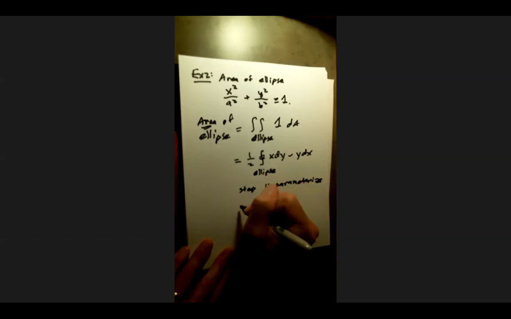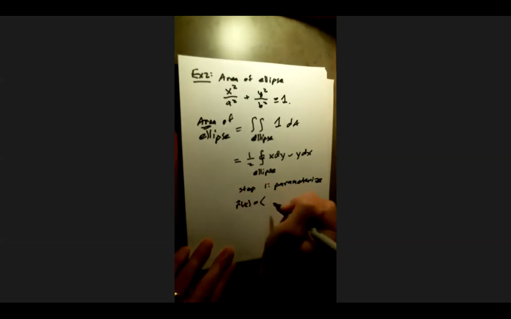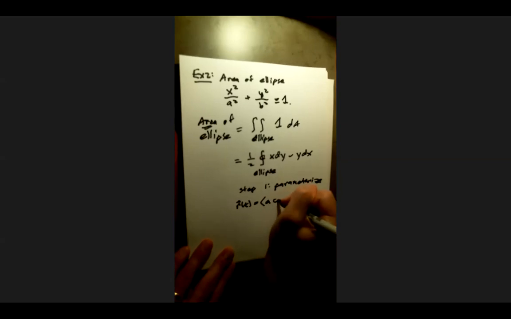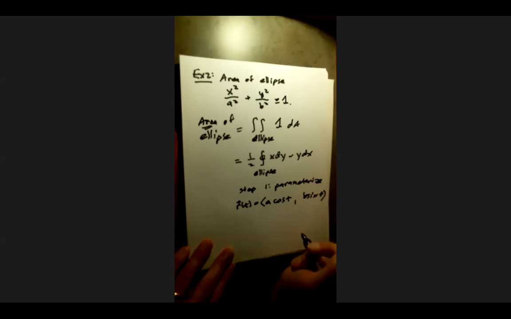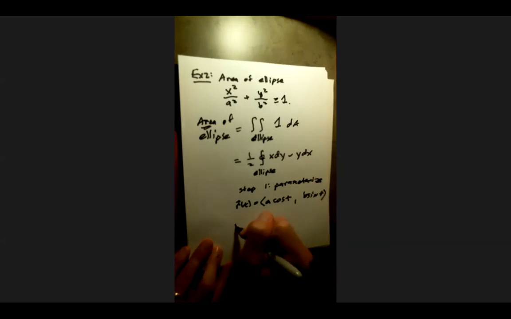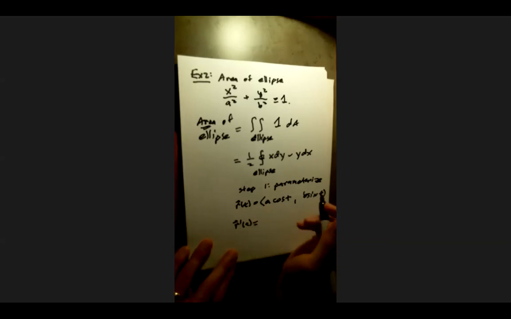So we have r of t equals a cosine t, b sine t. We're going to need to find r prime of t. That would be minus a sine t, comma b cosine t.